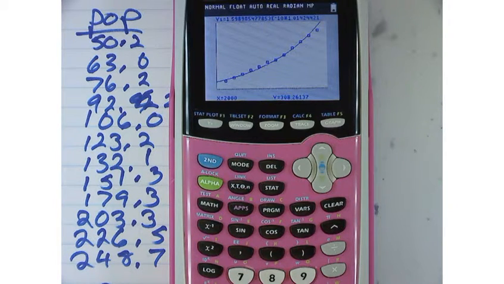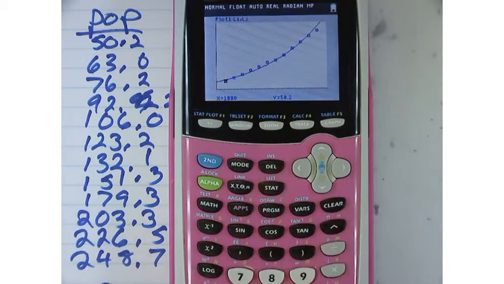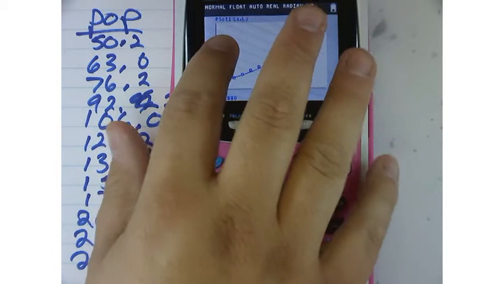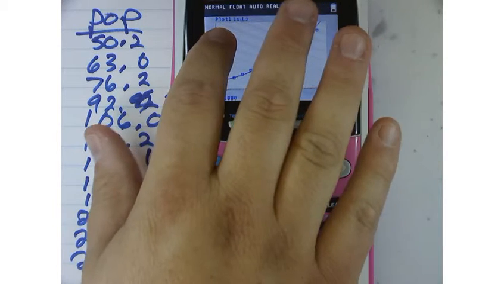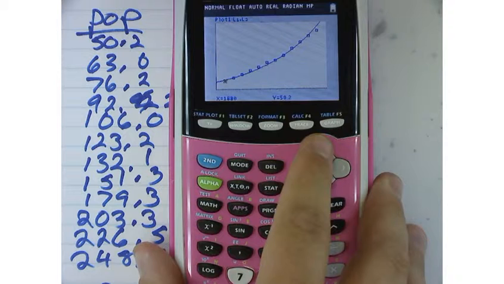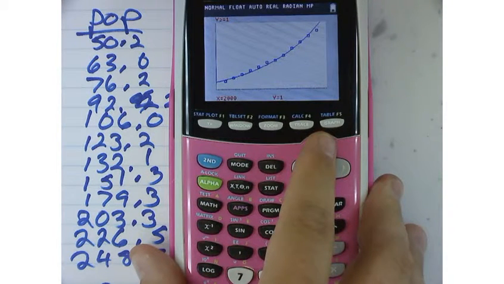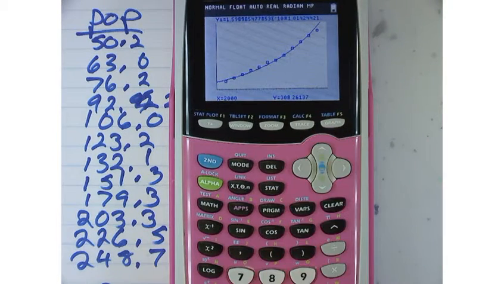Okay, so watch what I did. When you hit trace, look, you've got the plots in the upper left-hand corner. The student asked, I hit trace, I don't have the same thing you do. You've got to hit the up cursor, and that toggles through all the things on the graph. So if I hit up once, I've got y2 equals 1, which is something we did from a previous problem. And if I hit it up one more time, I've got the 1.59 exponential function.